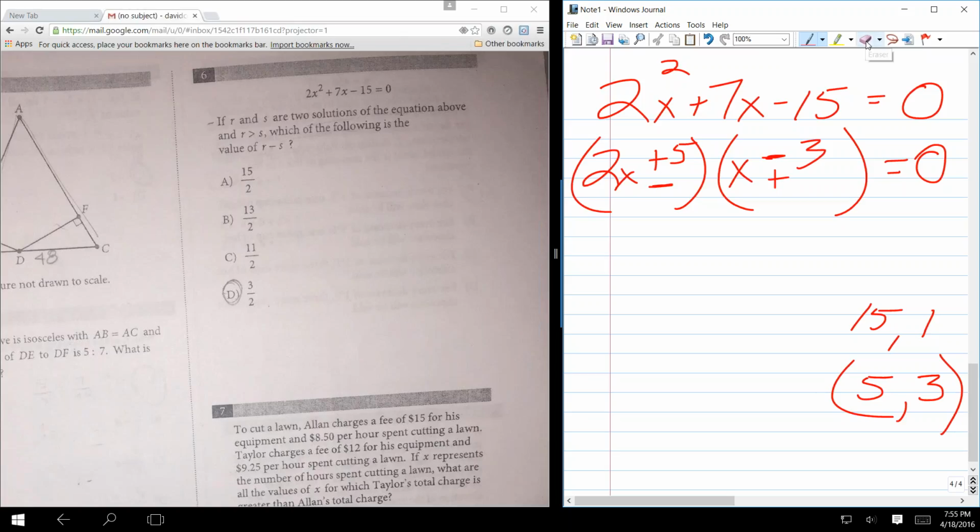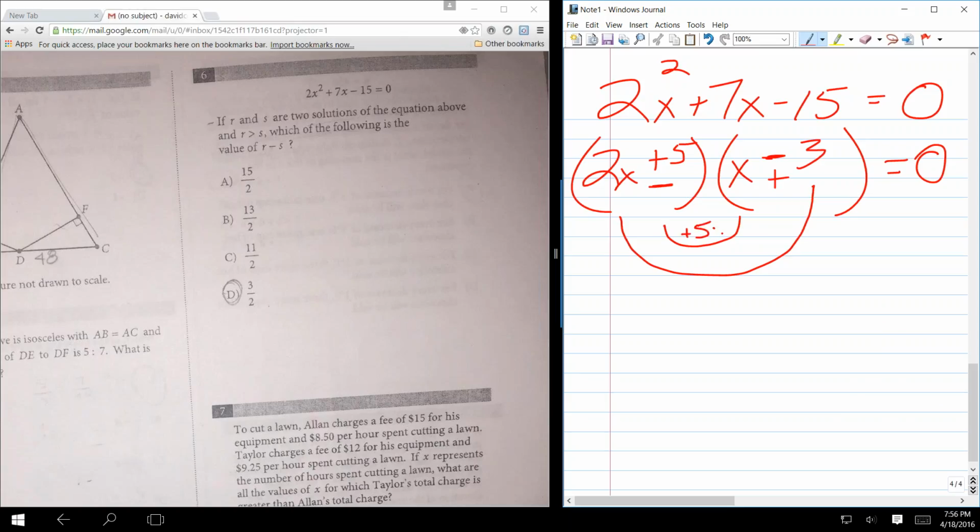What does that produce for a middle number? And this is an extremely important part of the process, figuring out whether that produces the correct middle term. Well, the insides multiply to 5x, the outsides multiply to minus 6x.